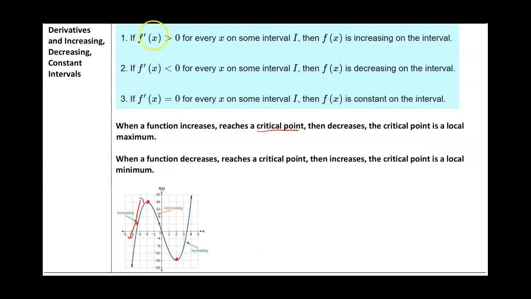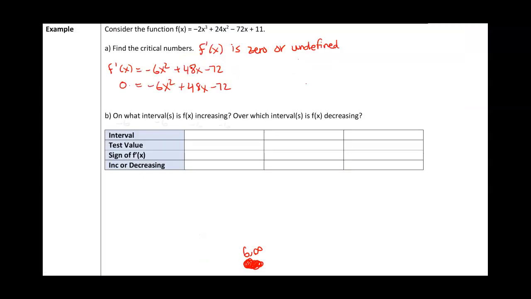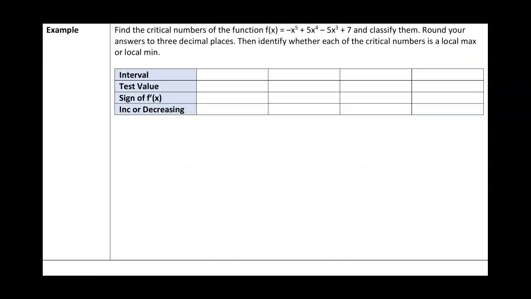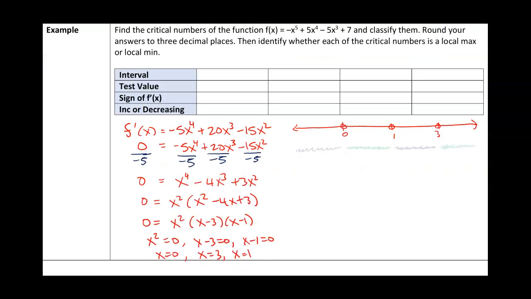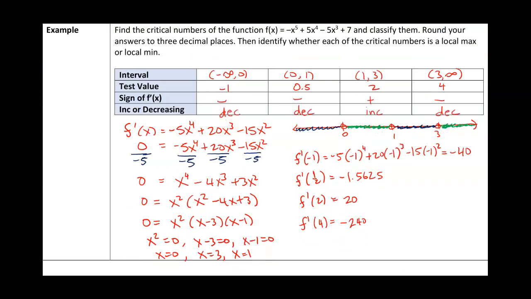This slide: if the derivative is greater than 0, then it's increasing. If it's less than 0, it's decreasing. So that's where we're getting these from. Because we're looking at the first derivative and its sign, negative sign means decreasing, positive sign means increasing, and again, we have decreasing.